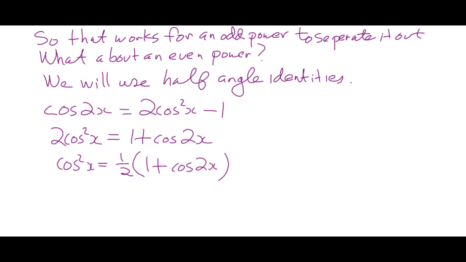And the important thing we're looking at here, number one, is knowing this or being able to get this. So you just got to say, all right, I got to get a cos squared x, because that's the even power. And the other thing to look at here is that whatever's here, this is double. So if you have cos squared of blah, this is plus cos of 2 blah.